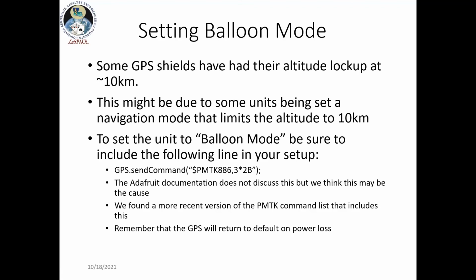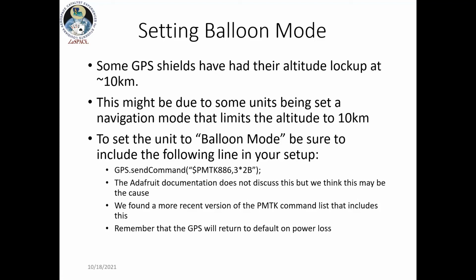What we've seen is the data from the GPS stops updating once it gets above 10,000 feet. The annoying thing is this only seems to happen some of the time. And these GPS units are supposed to work above that altitude.